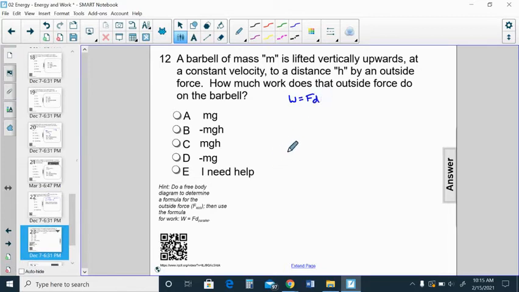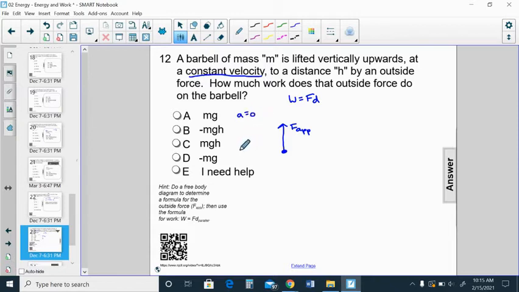Now let's say we have our barbell here. Let's draw the free body diagram. We know that it is being lifted vertically upward. We'll call that the applied force. It says constant velocity. So acceleration in that case will equal 0.